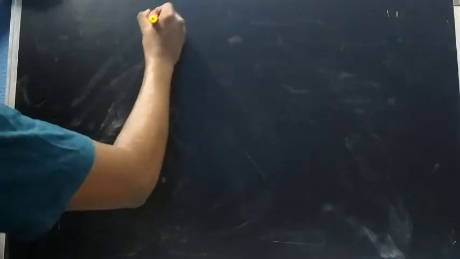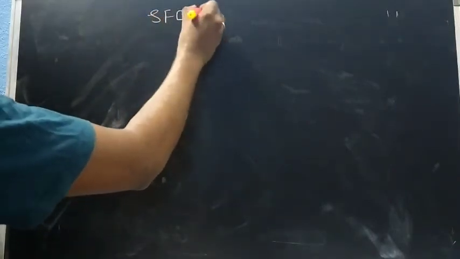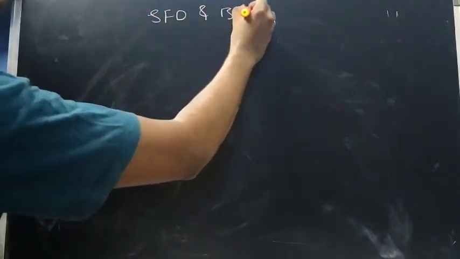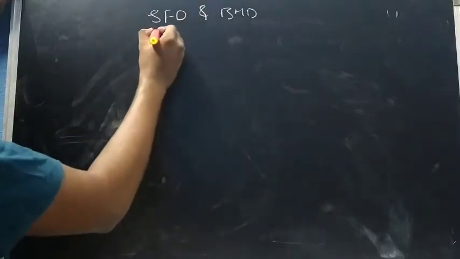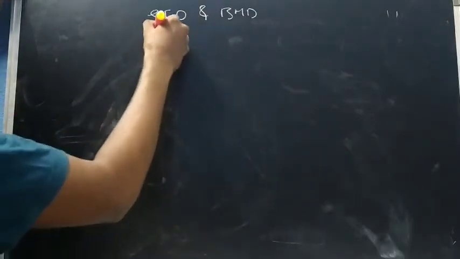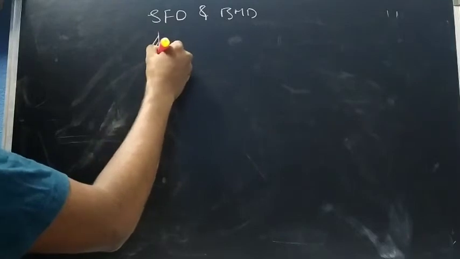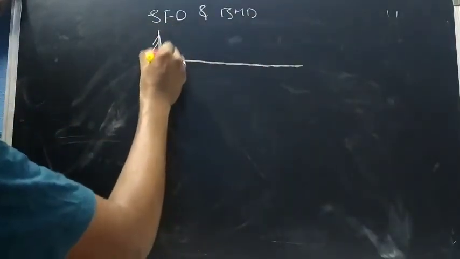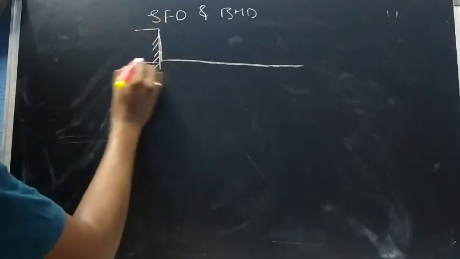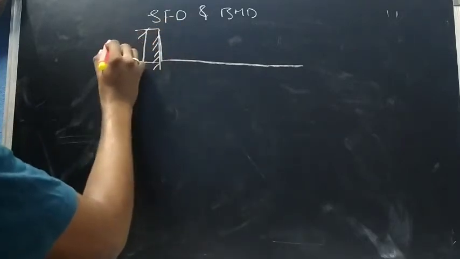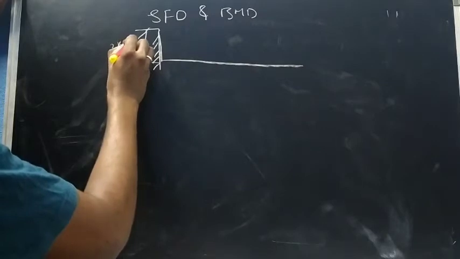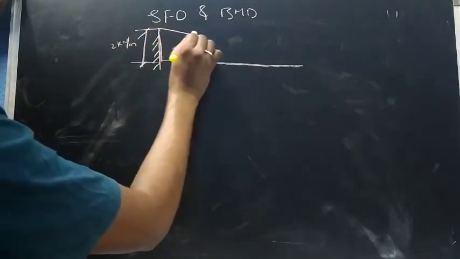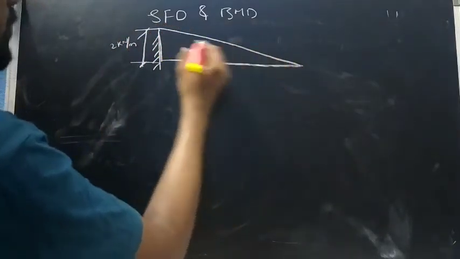In order to draw the shear force and bending moment diagram, that is SFD and BMD, we need to draw the free body diagram of the beam, which is a cantilever. So having no load at B and having maximum load, that is 2 kilonewton per meter, and it will vary gradually, it will decrease.